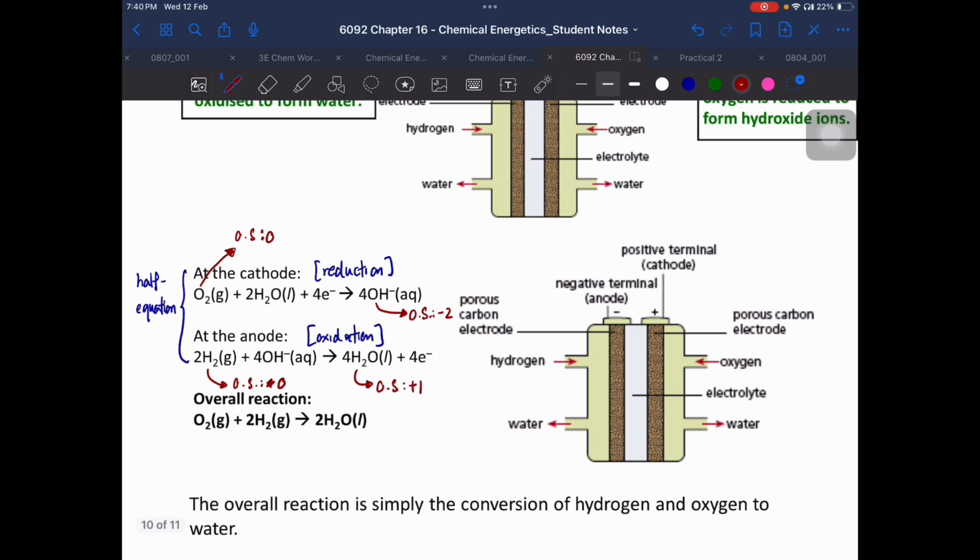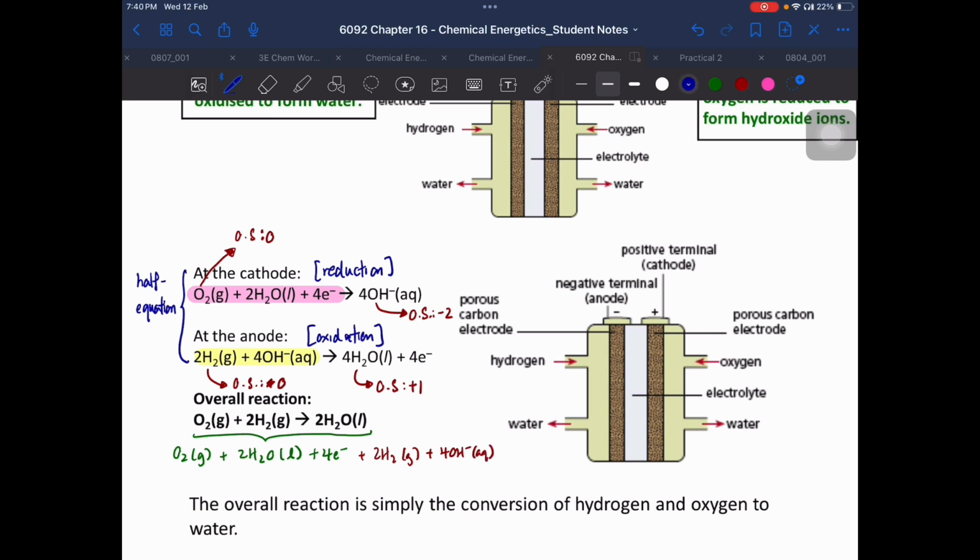And to show how these 2 equations come together as the overall reaction, we add up both half equations together. How do you get the overall reaction? We add both half equations together, and we see how they balance out each other. So we will have the oxygen as well as the water with the 4 electrons from the cathode reaction, together with the reaction from the anode, which is 2H2 plus 4OH- (aq).